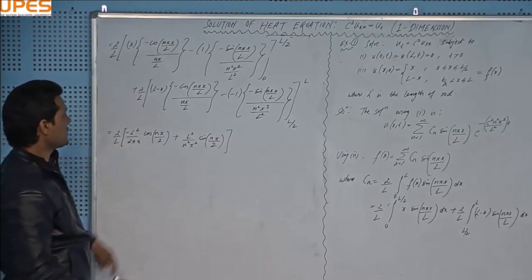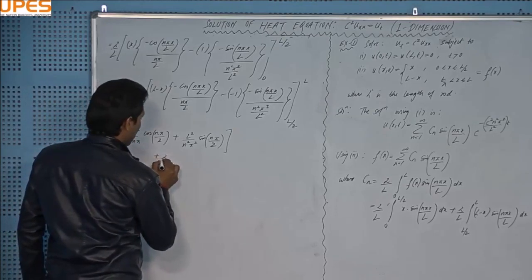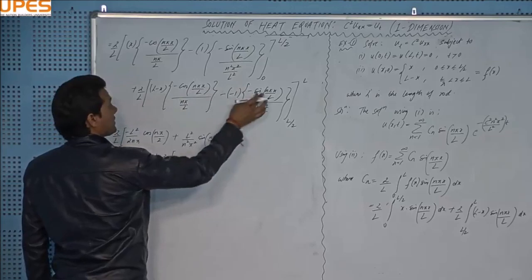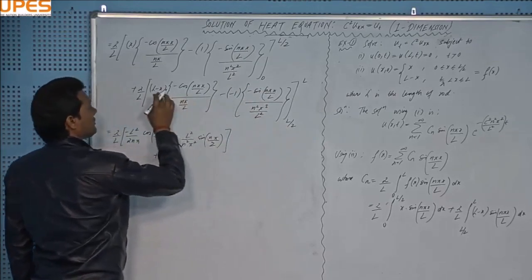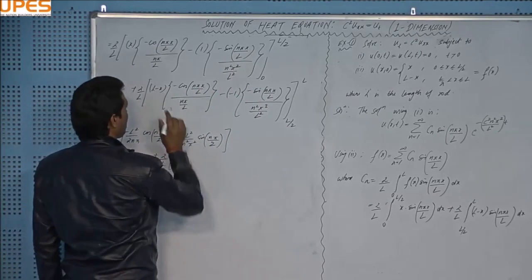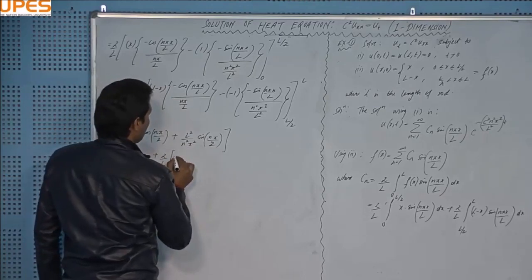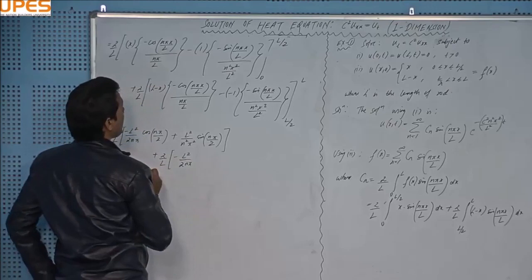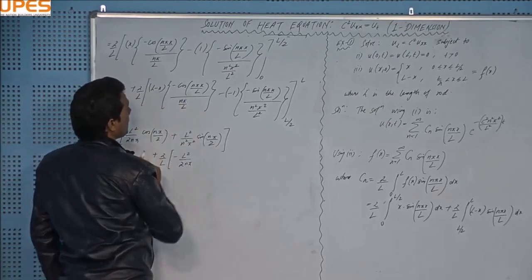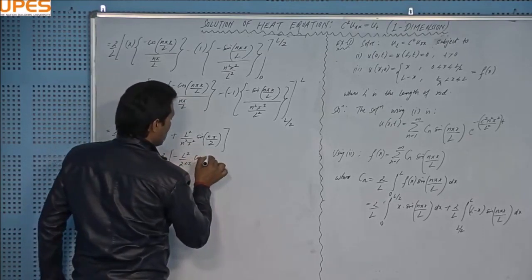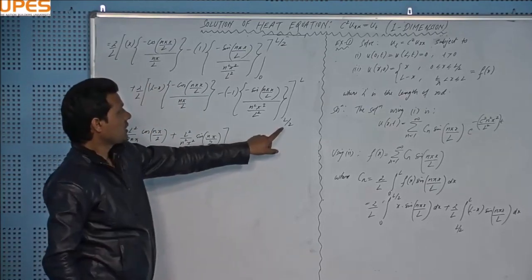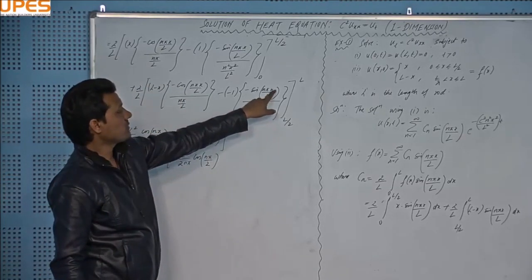Similarly, putting limits here, 2 by L, putting upper limit will give 0 and 0. Putting lower limit will give L by 2 minus L square over 2 n pi, and here I will have cos(n pi by 2).